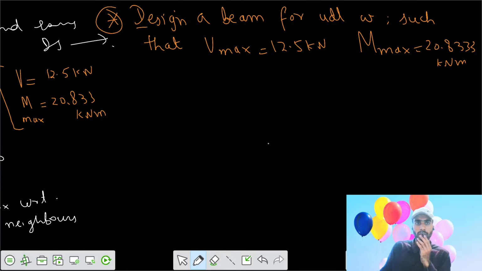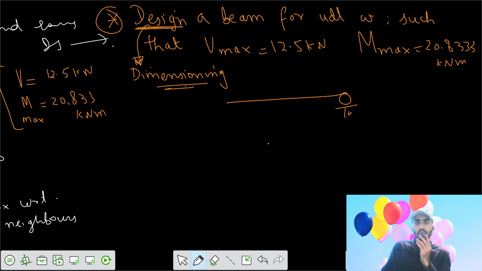So when we say design something, we say its dimensions. Designing means dimensioning a particular section. So let's say you have a length L. See, your shear force and bending moment is not a function of your width and your depth of the member, but it is a function of length.